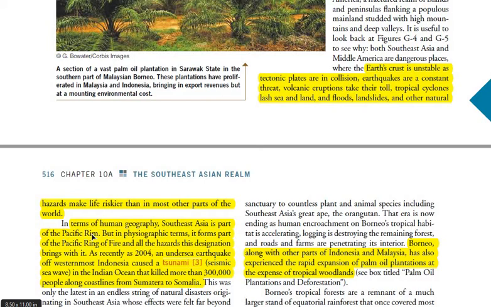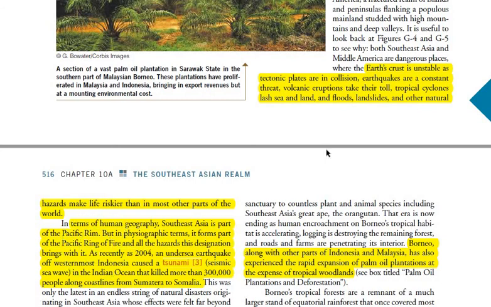But in physiographic terms, in physical geography, it is called the Pacific Ring of Fire, because around the Pacific Ocean there is a chain of volcanoes, hotspots, and centers of volcanic activity which continuously erupt, and if seen from space it looks as if the Pacific Ocean is surrounded by fireworks. That's why it is called the Pacific Ring of Fire.